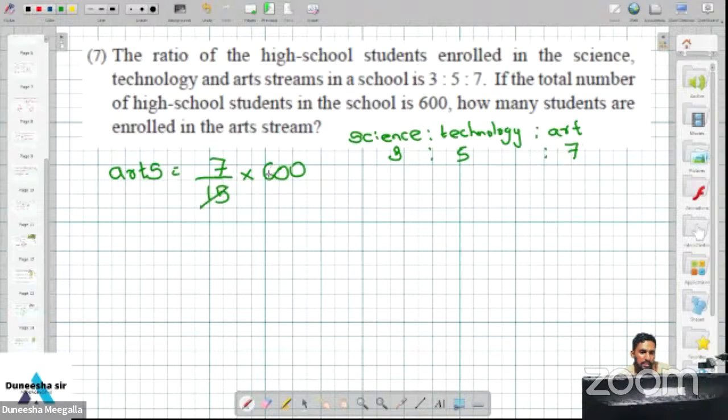How many times does 15 go into 600? It's 40, isn't it? 7 multiplied by 40. What is the answer? 280. 280 students.